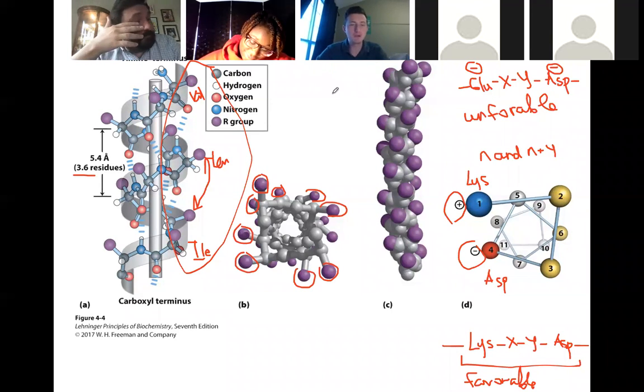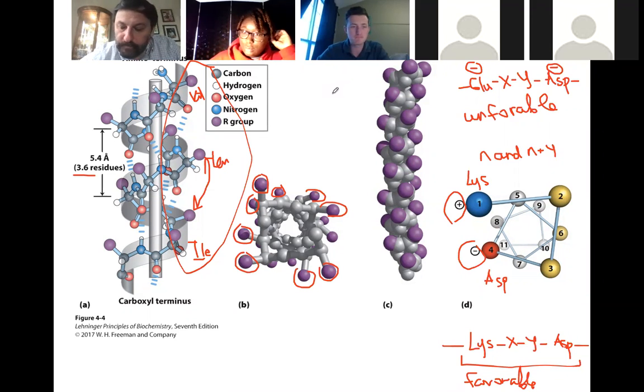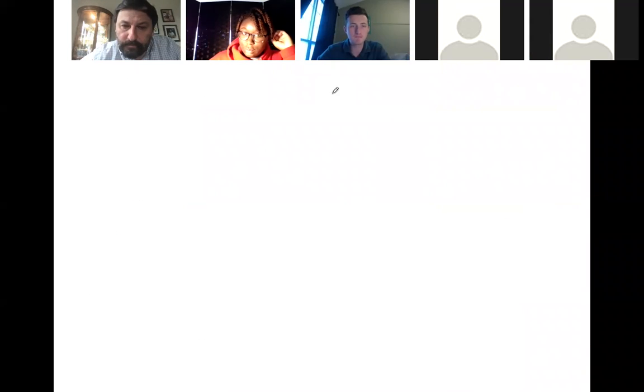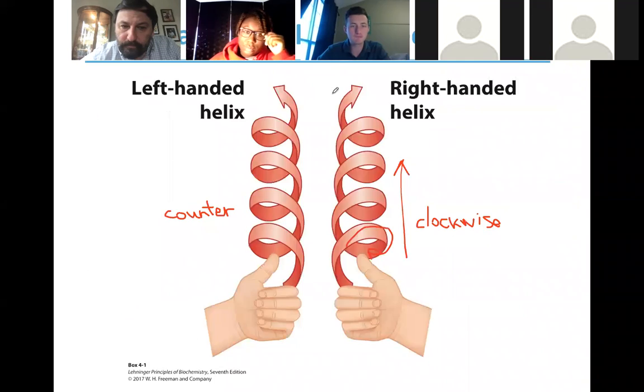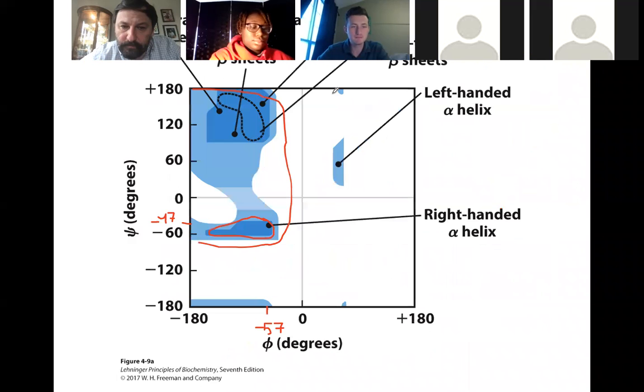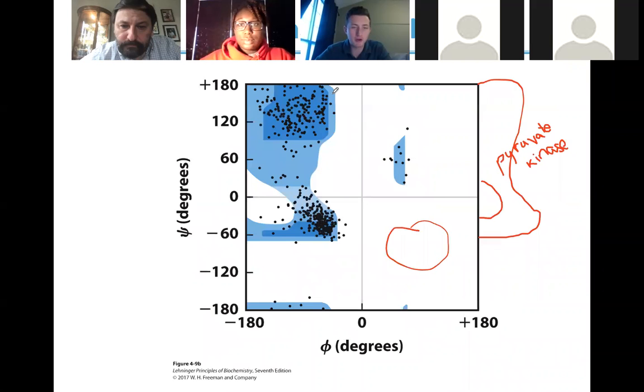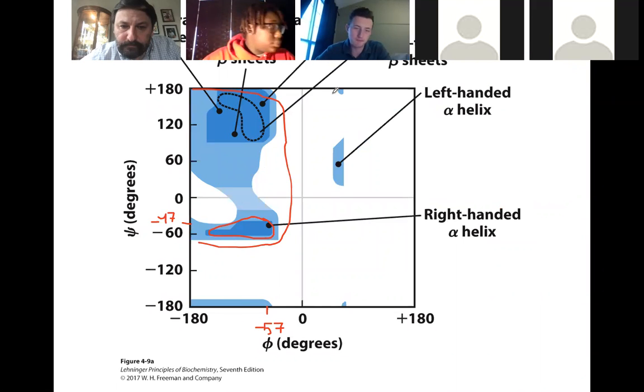Can we go back to the Ramachandran plot? You said if there was a question, we would have to say, what's the range that is favorable? Like, would you say, what's the range for a right-handed alpha helix, and we would give -60, -57, if that was an option?